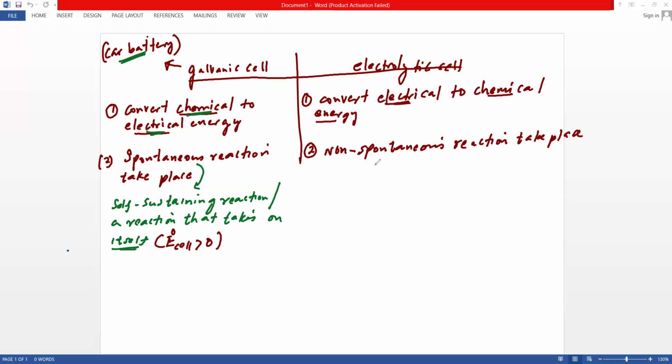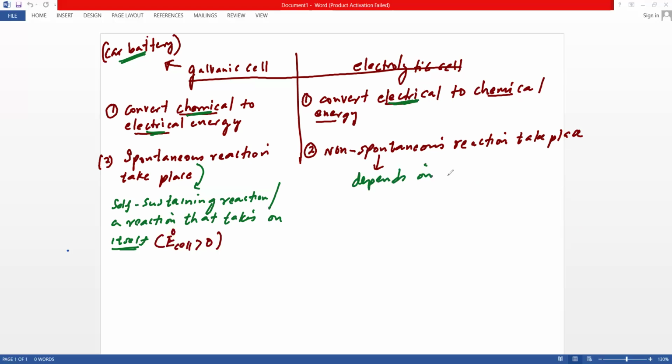But a non-spontaneous reaction does not take place on its own. It depends on the power supply. If there is no electricity or no power supply, the reaction will not take place. It's not a self-sustaining reaction.